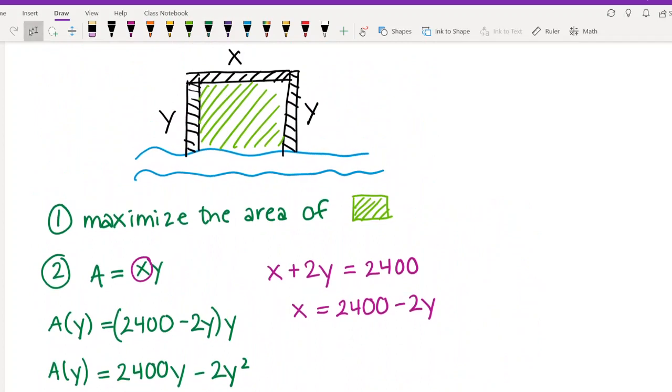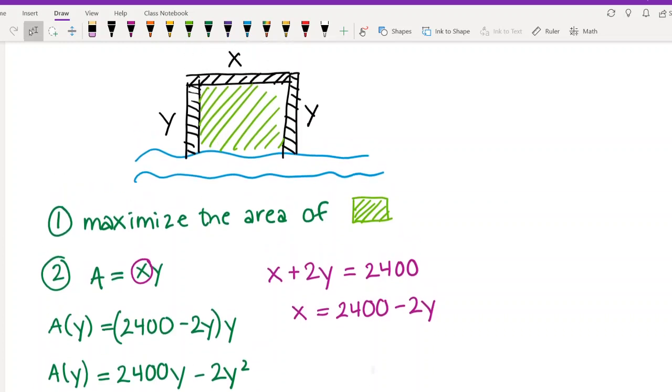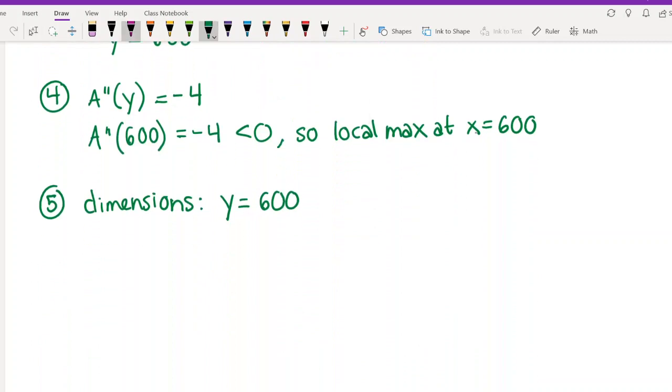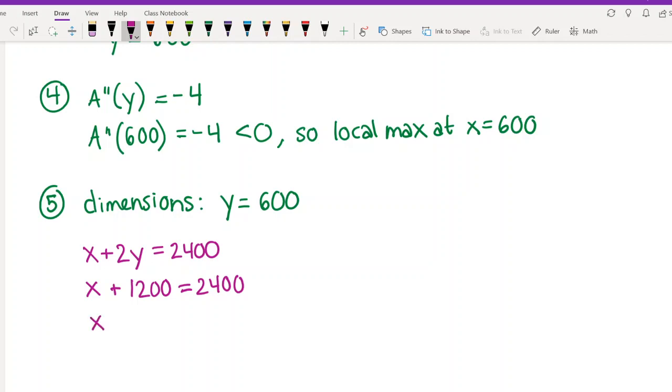So we can just plug in 2 times 600 for y and use that to find what x is. That would give us x plus 1200 is equal to 2400, plugging in 600 for y. And then that tells us that x is equal to 1200. So the dimensions are y is equal to 600, x is equal to 1200.